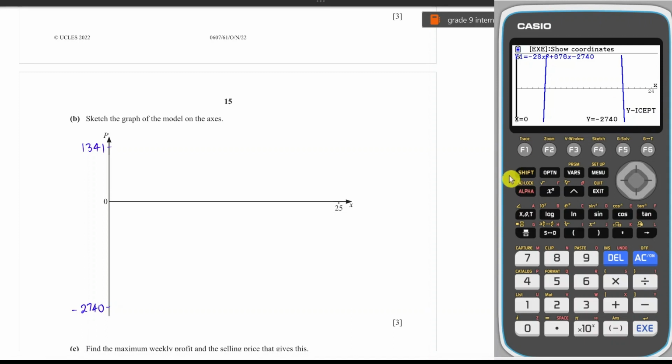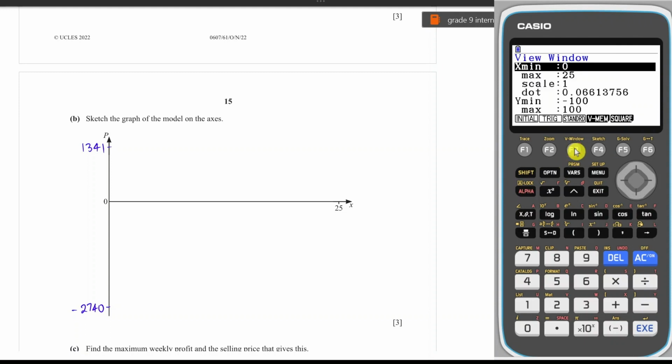Let's keep the minimum values here. So y minimum is minus 2740, and the maximum can be 1341.